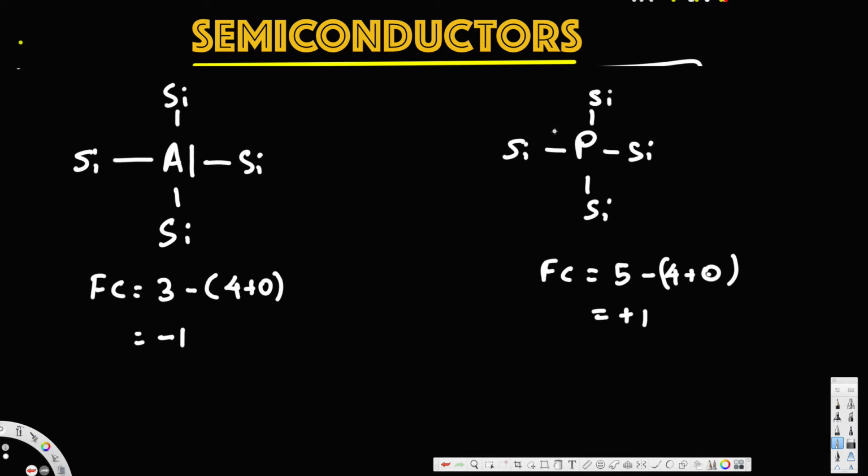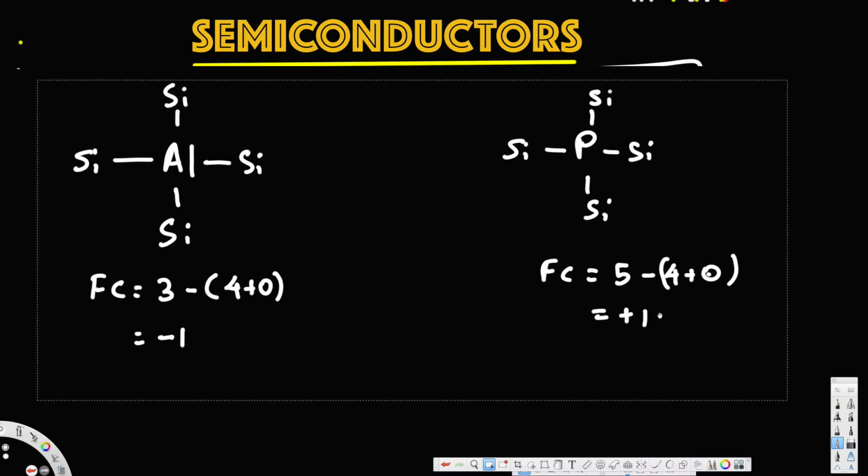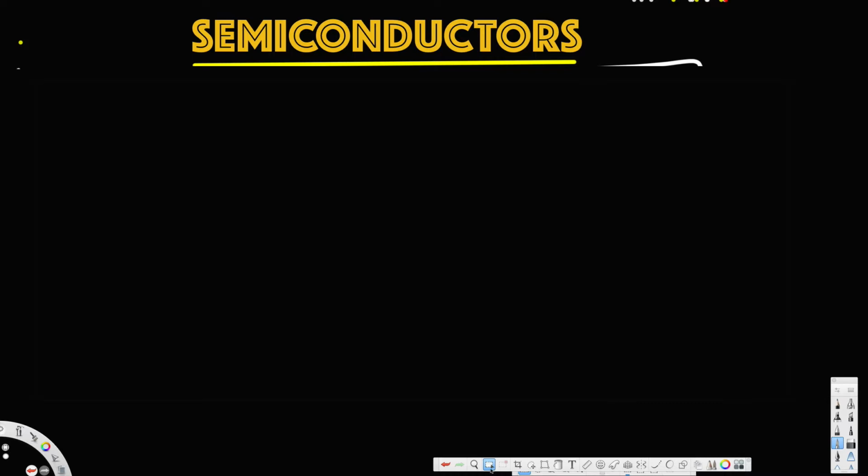Now let's see what happens to the p-n junction. Now let's get rid of this one. So as we discussed before, this is our p-n junction.